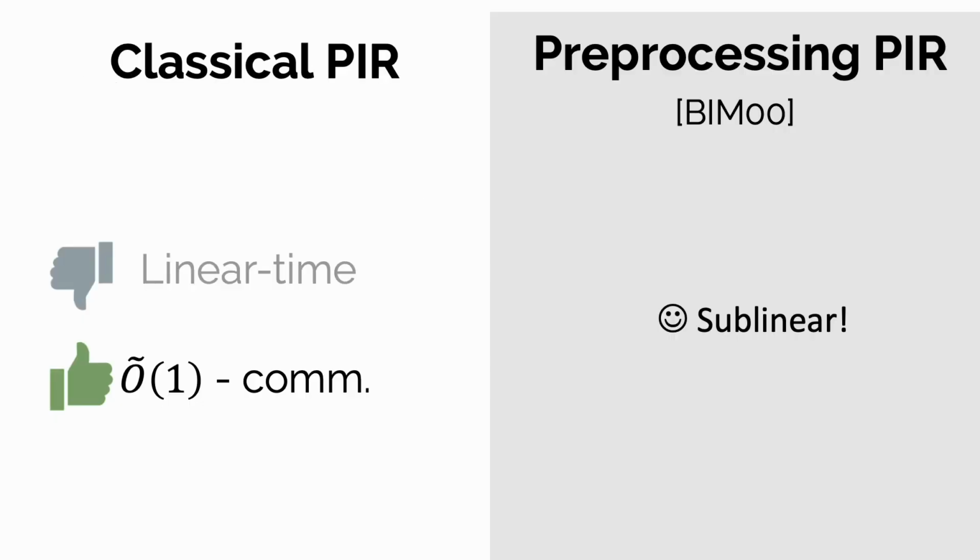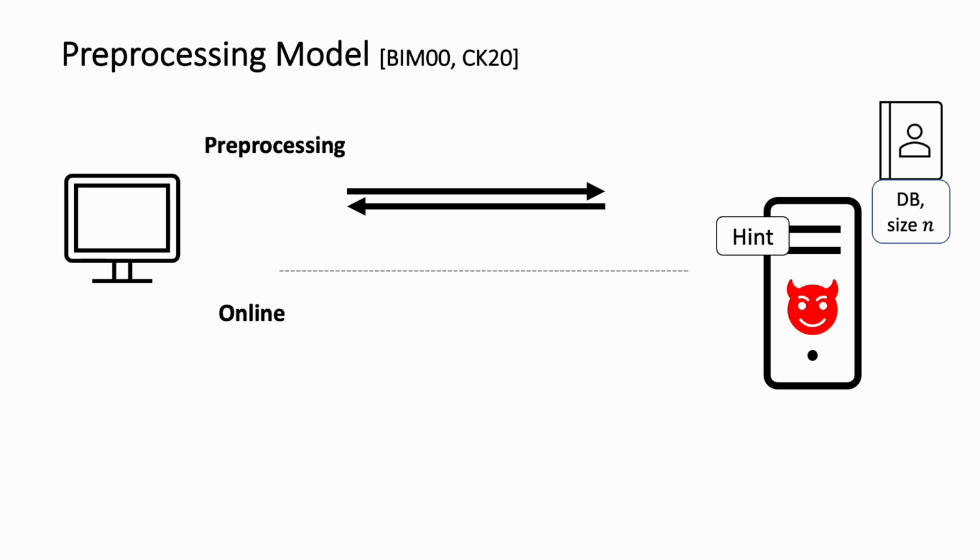To circumvent this lower bound, they proposed something called preprocessing PIR, and under this model, it is actually possible to design sublinear private information retrieval protocols. Today, we're going to focus on this particular preprocessing model, sometimes referred to as the client-side preprocessing model. There are other kinds of preprocessing models, but this is the one we're going to focus on today.